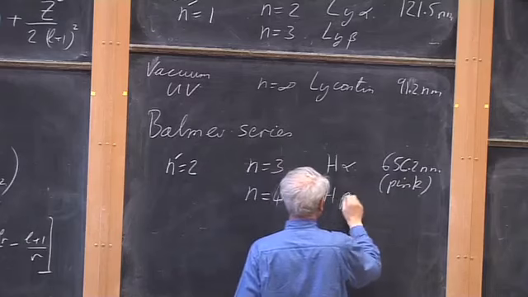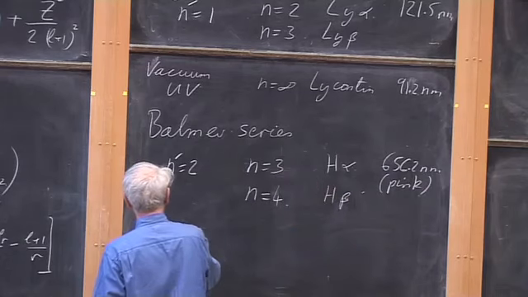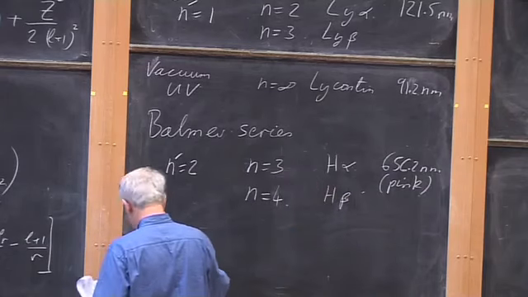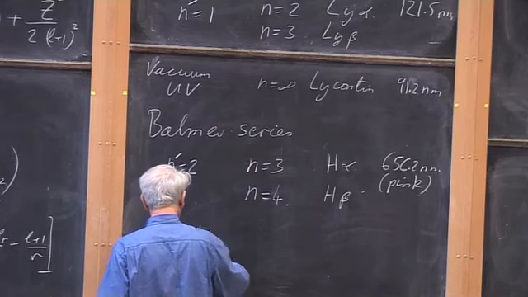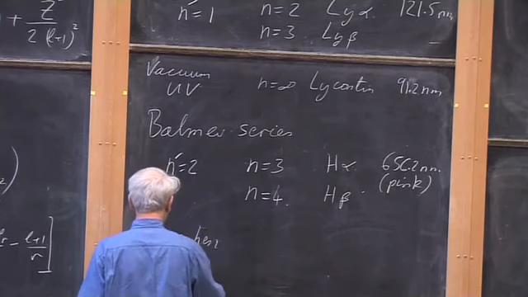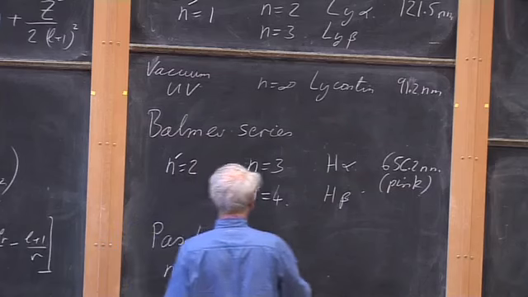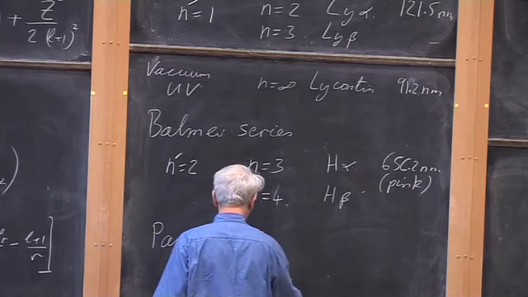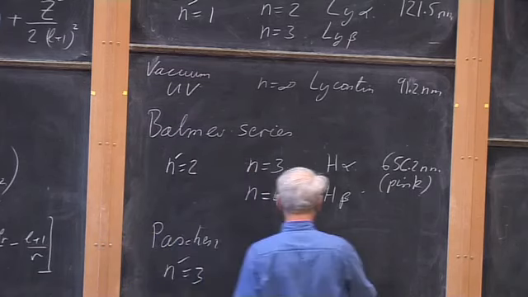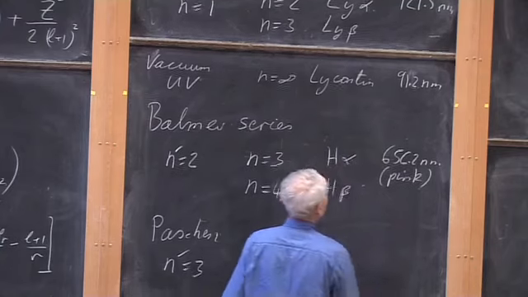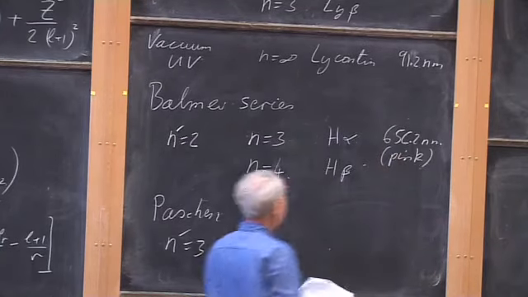This is H beta, etc. Then you go to Paschen, that's for n primed is 3, and obviously n can be 4 or 5, etc. So these start off as pink, and they get bluer.